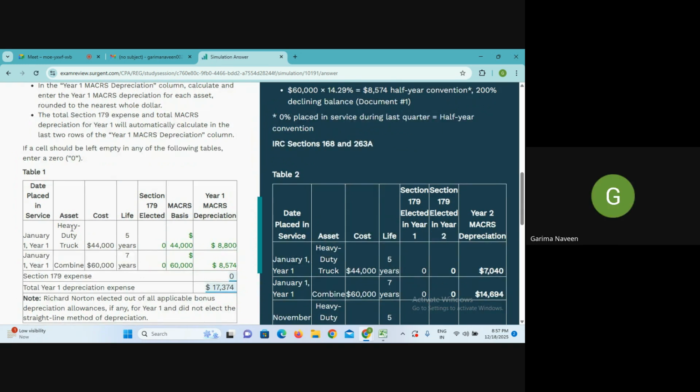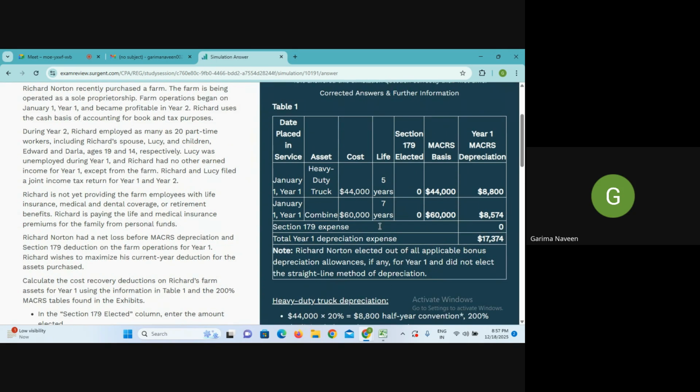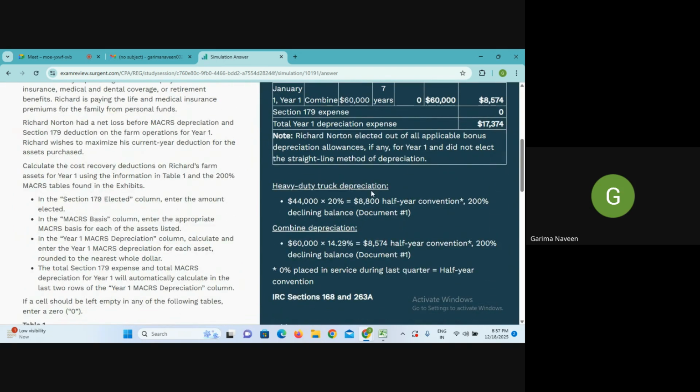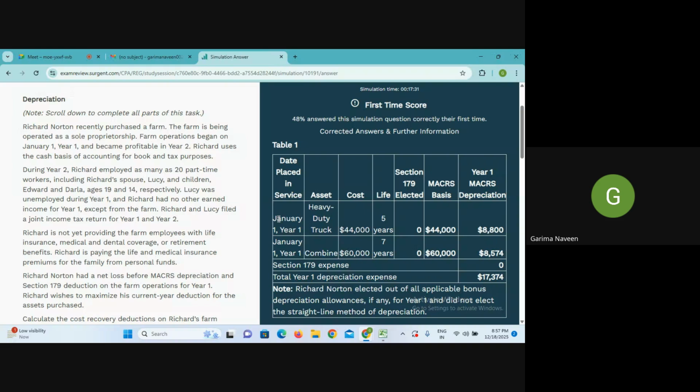Okay, so first is correct. Okay, section 179 expense cannot be claimed since you have net operating losses. So next, since you have placed your asset in on January 1st, not 40% of the asset in the last quarter, that means by default you will use the half year convention.